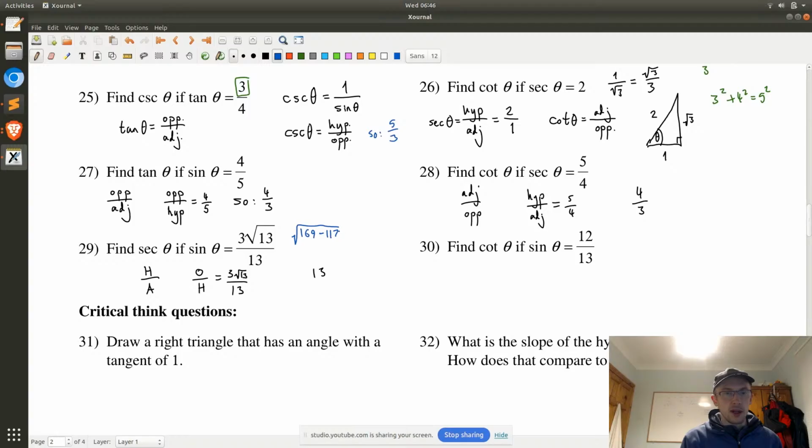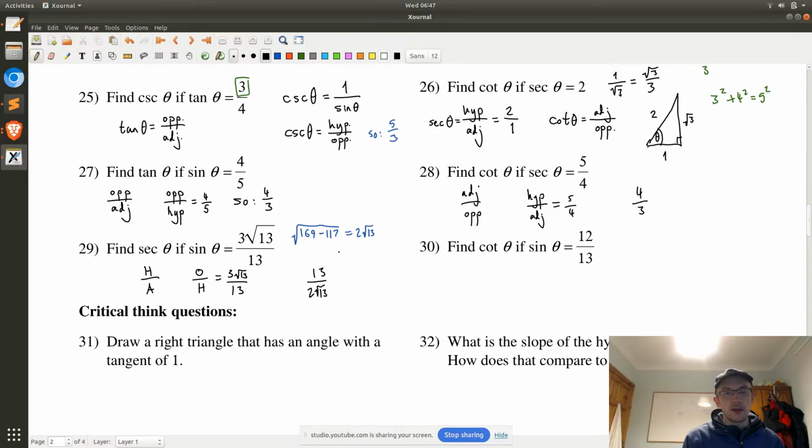So we take that away and then we square root it, and then we'll get the missing side here. The adjacent side, beg your pardon. 169 take 117 appears to be 52. So root 52, so 2 root 13. Okay, wonderful. So hypotenuse on top, adjacent on the bottom, so 2 root 13 on the base.